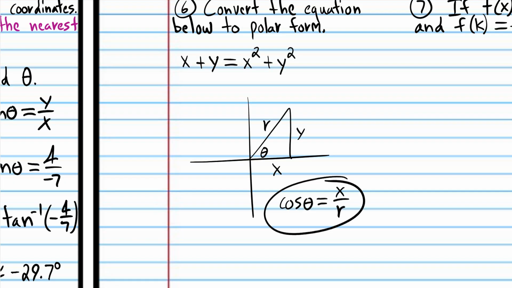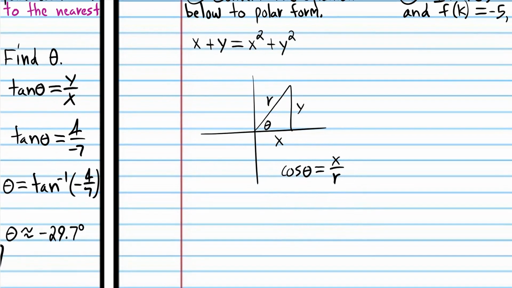We learned this in my trigonometry course and also my geometry course. So if that's true, then r times cosine theta is equal to x. You just multiply both sides by r. So you already have this memorized. It's not like you have to spend a lot of time to memorize this.